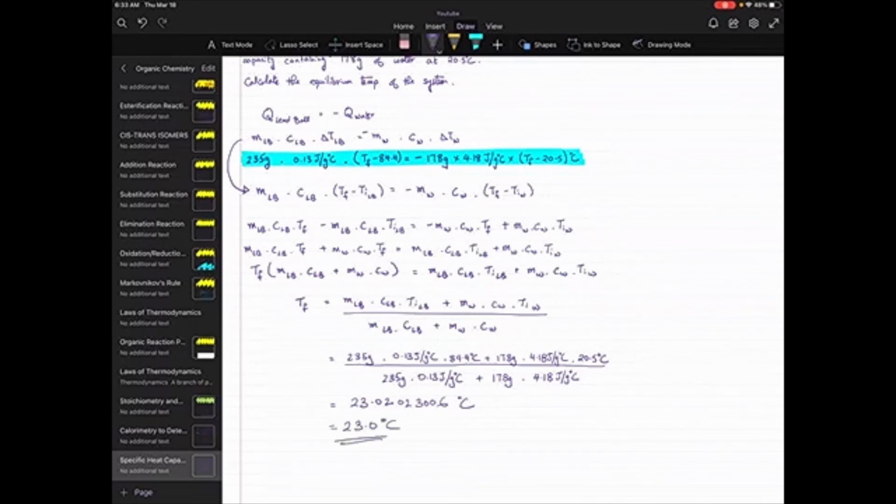I'm assuming it should be 23.0 degrees Celsius. I haven't kept track of all the significant figures here, but I'm assuming it's going to be one decimal place here or three significant figures. So 23.0 degrees Celsius would be the final answer for the final temperature of this ball and the solution, the water.